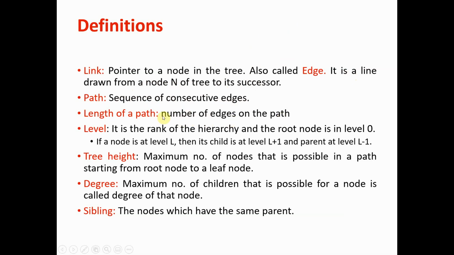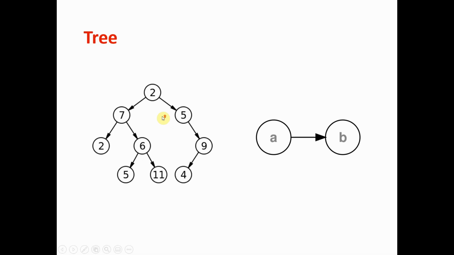Let me show you an example here. In this tree, this is one path from the root to this node, right? And the length of this path is 2.